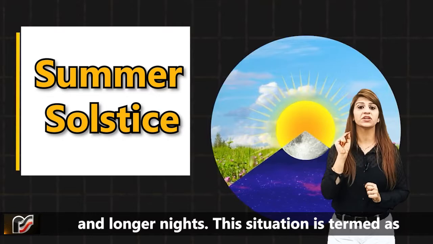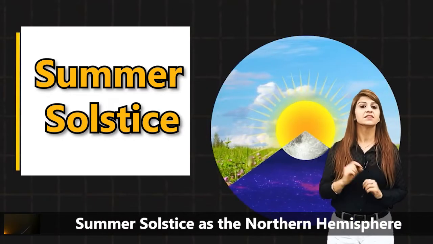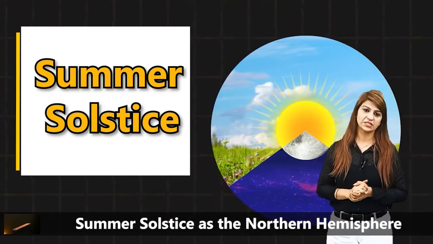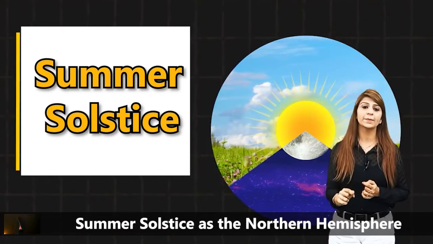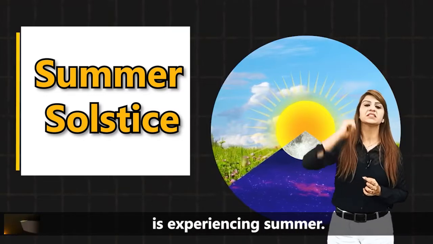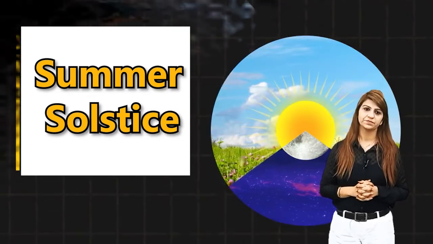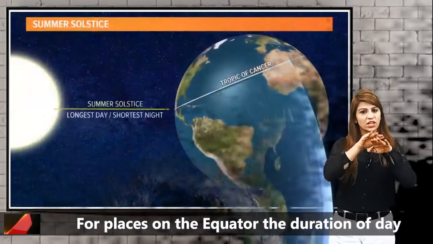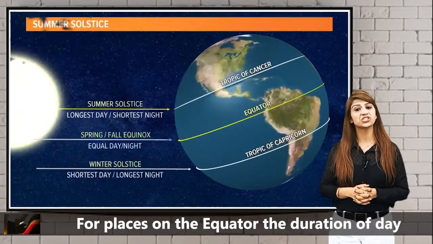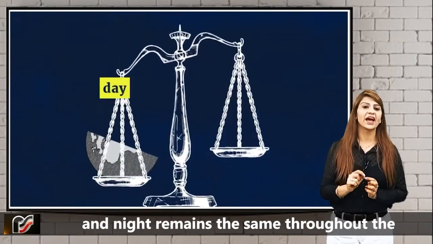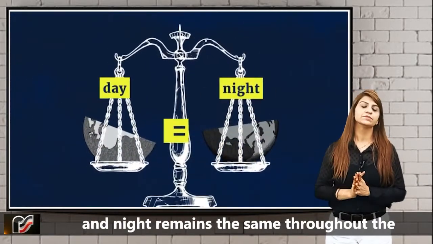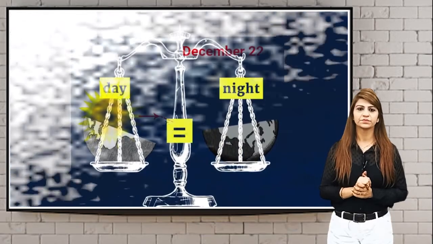This situation is termed as summer solstice, as the northern hemisphere is experiencing summer. For places on the equator, the duration of day and night remains the same throughout the year.